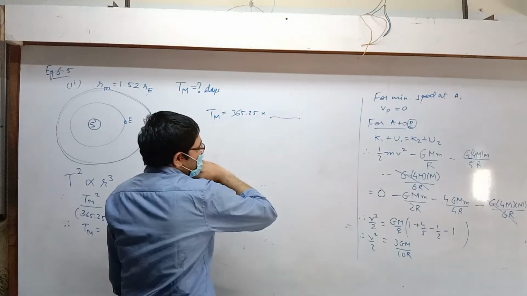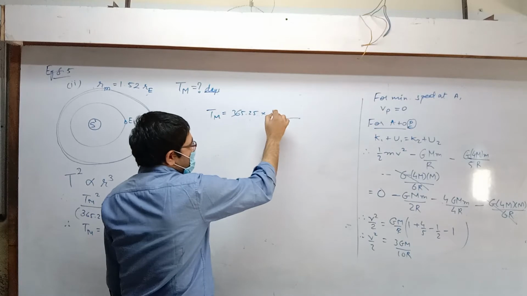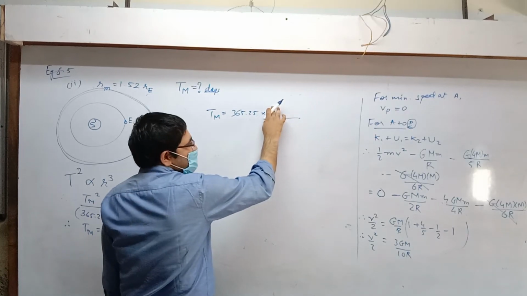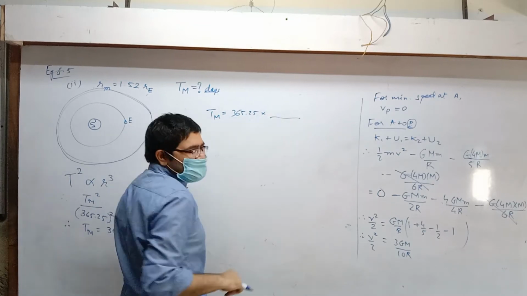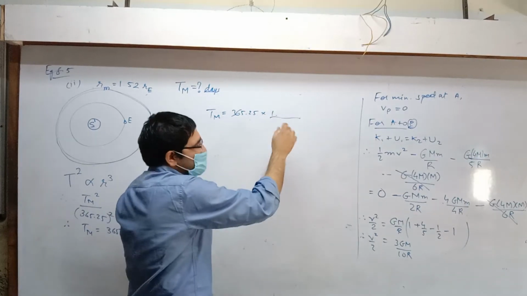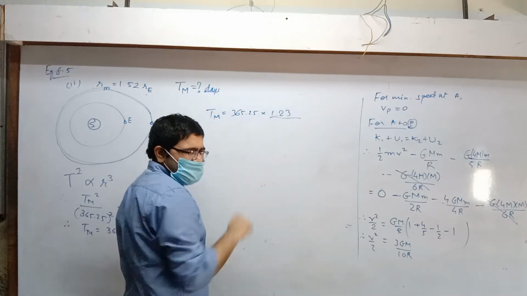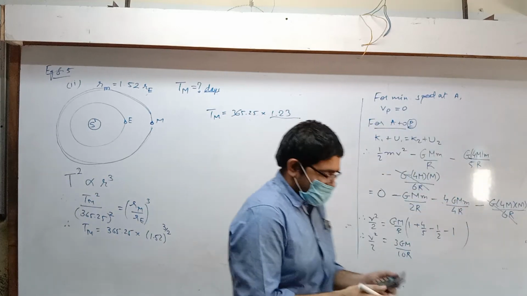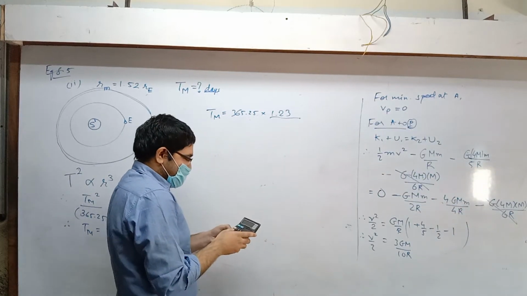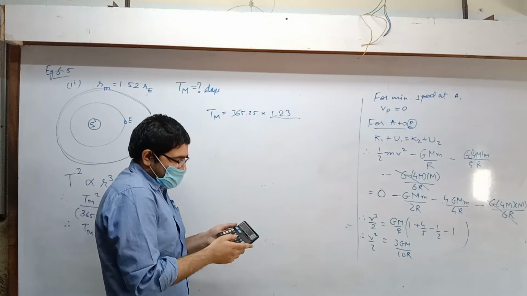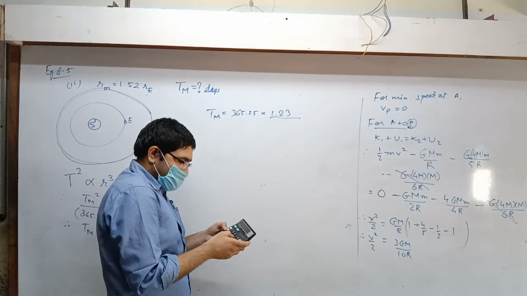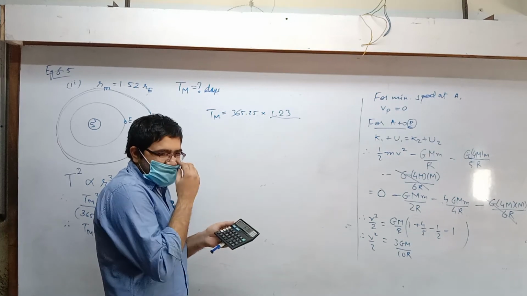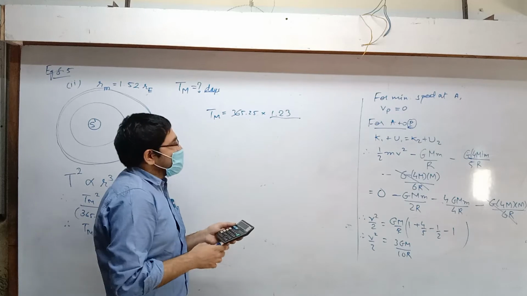So what do you get here? Are you sure? Use the calculator. 1.52 squared is 2.31, into 1.52 is 3.5118, then square root gives 1.873.